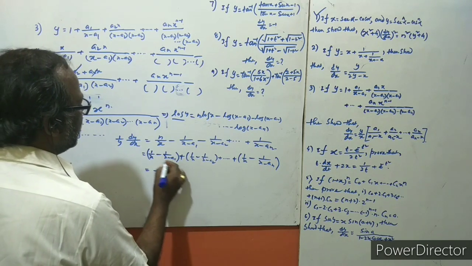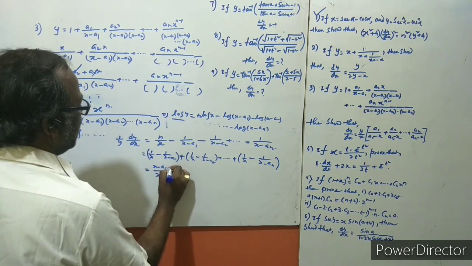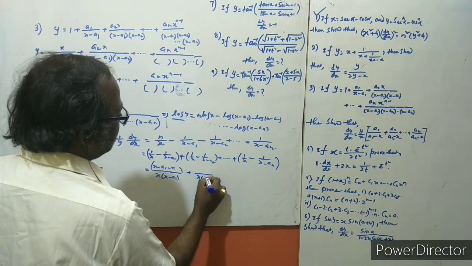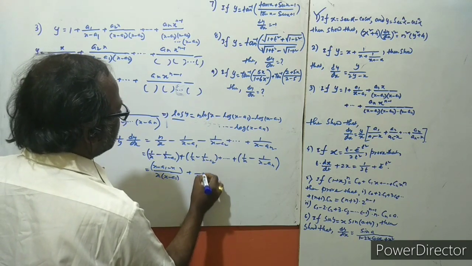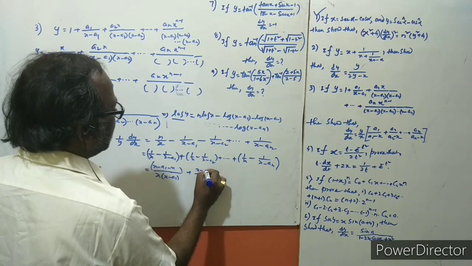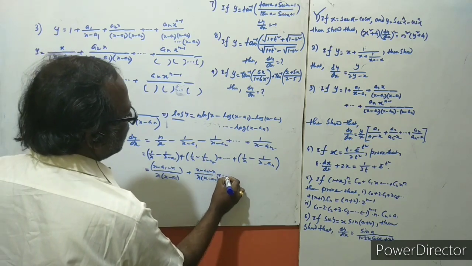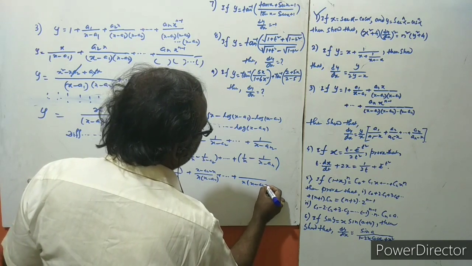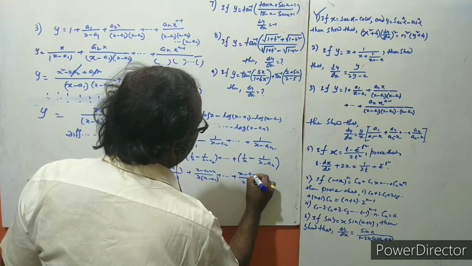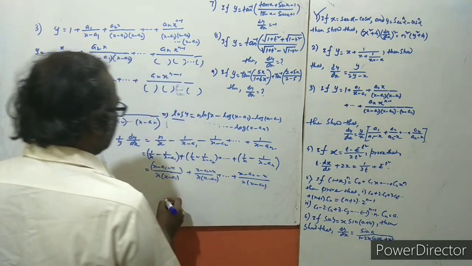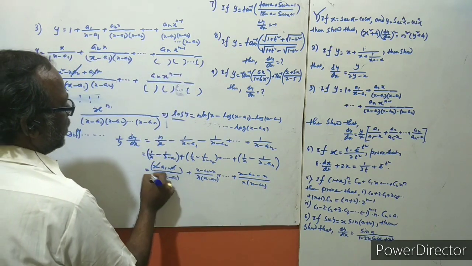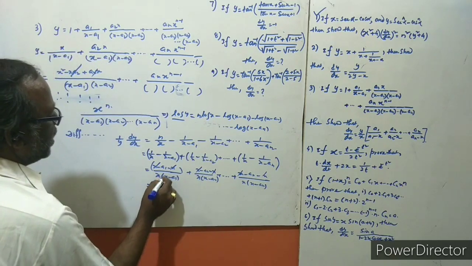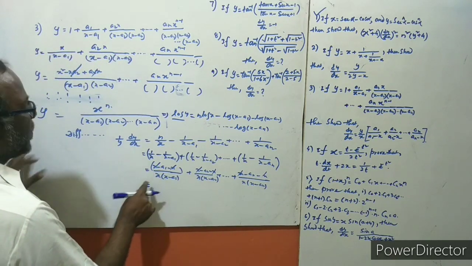So this is x minus a1 minus x. Same as x into x minus a2, then you get x minus a2 minus x. Same as x into x minus an, so x minus an minus x. Therefore these x are cancelled, and this is minus.